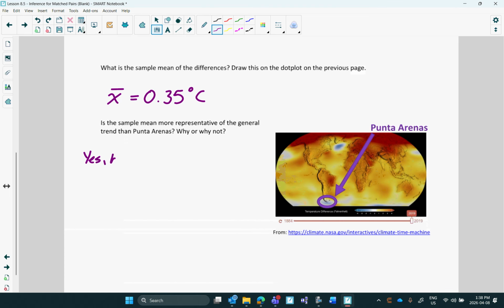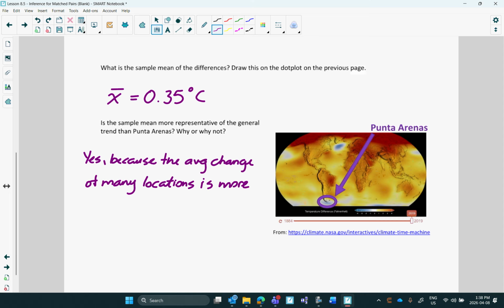Because the average change of many locations is more representative than the change in just one location.